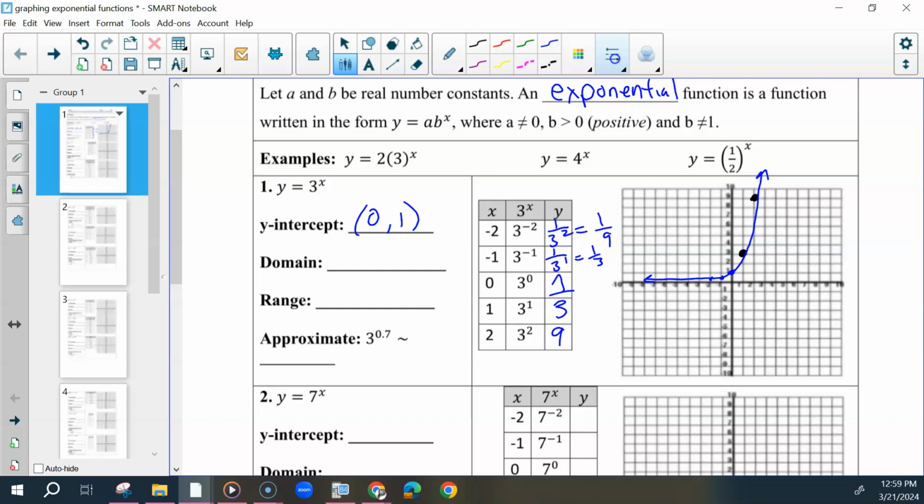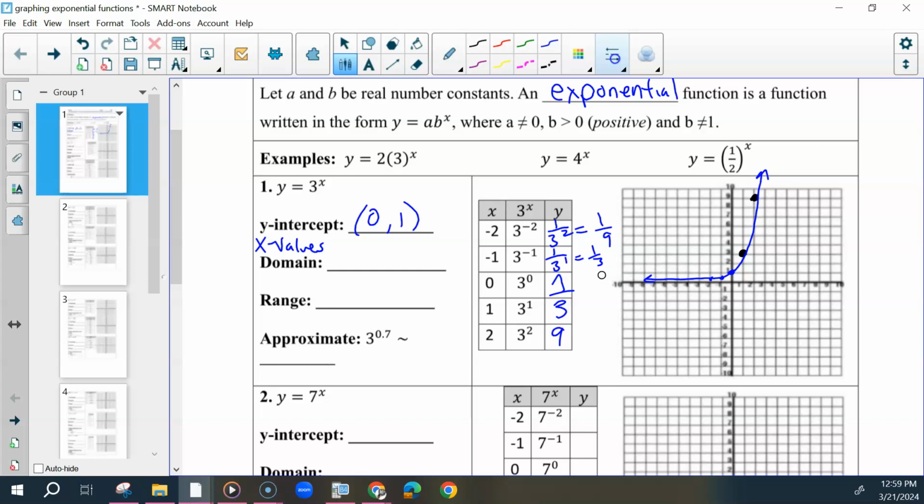We haven't really talked about domain yet, but when we get there, this will make more sense. But for now, we need to remember that domain is your x values. And as we're talking about the x values, you're looking at the furthest left x value to the furthest right x value. So on this, this keeps going to the left.